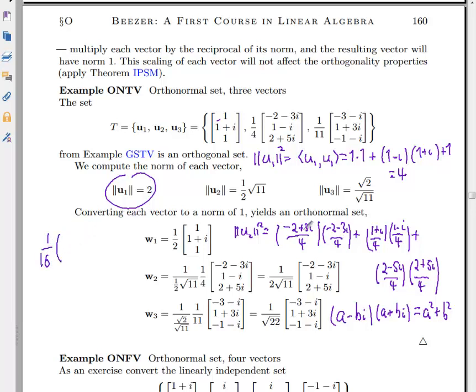The first term is going to be 2 squared plus 3 squared, so that's going to be 4 plus 9, or 13. Second term is going to be 1 squared plus 1 squared, and that's 2. The last term is going to be 4 plus 25, or 29.